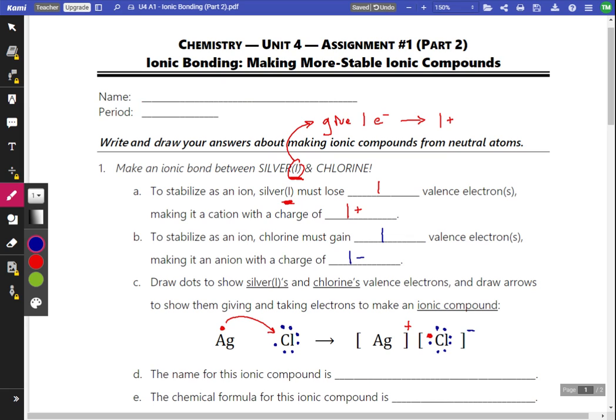So, because these metals have this kind of ability to give a different number of electrons depending on the situation, depending on what they're bonding with, we need to indicate in the name of the compound how many electrons something is willing to give up.